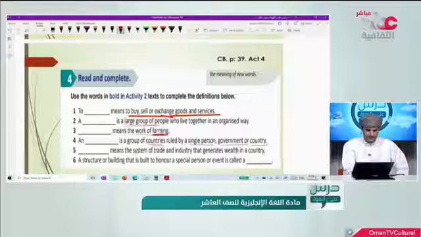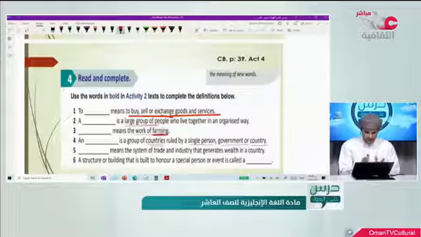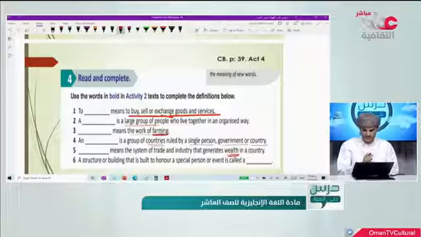Number 5, this word means the system of trade and industry that generates wealth in a country. Prosperous. Make it prosperous country. You'll need these two words.